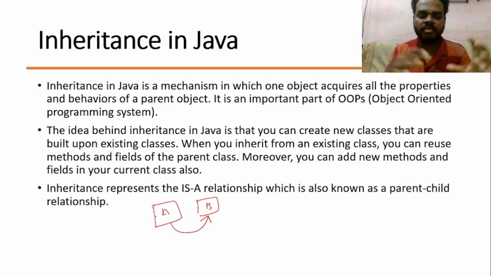A is a class and B is a class. A will act as your base class or parent class, and B will act as your derived class or child class. This entire relationship is nothing but an is-a relationship, a parent to child relationship. This is all about what is inheritance.